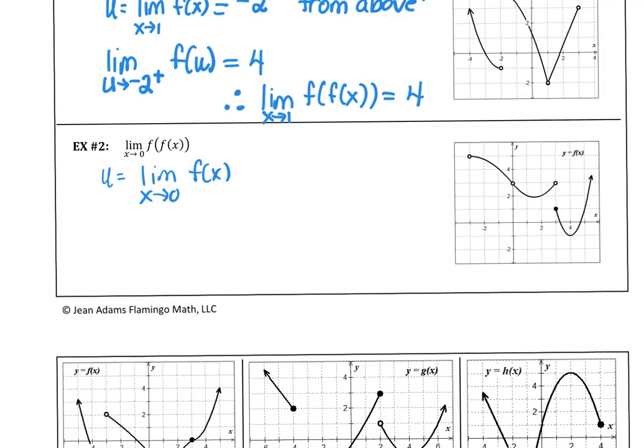If we notice in the picture, as we approach 0 from the left, we're approaching the value of 3 from larger values, so from above. But as we approach 0 from the right, we're approaching from y values smaller than 3, so we're approaching from below.